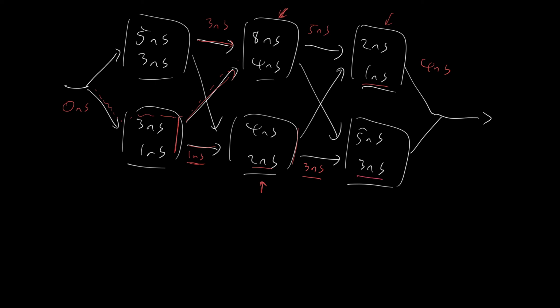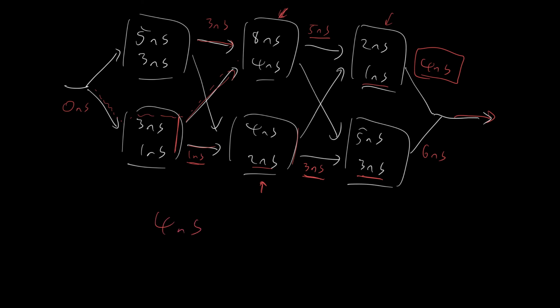For this logic gate here, the first person to arrive is not the one at 5 nanoseconds, but the one at 3 nanoseconds. At time t equals 3 nanoseconds, someone comes in. At time t equals 6 nanoseconds, they exit. The first person to exit is at time t equals 4 nanoseconds, making the contamination delay 4 nanoseconds.